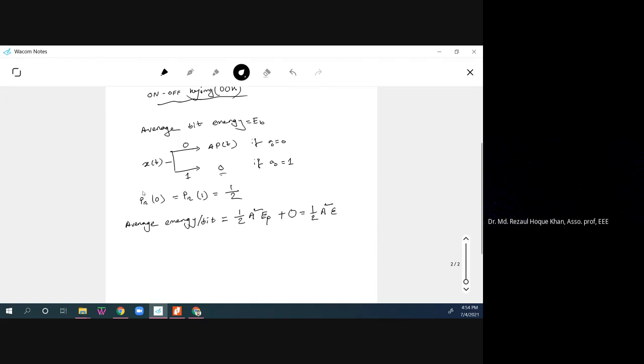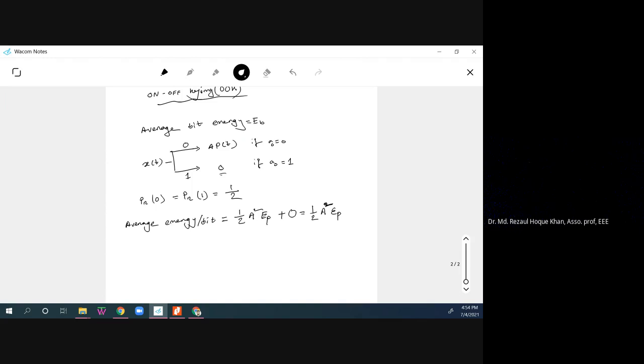Here it differs compared to the previous case. I mean BPSK, it was half a square EP plus half a square EP, it's actually a square EP. Now we get half a square EP. So average energy per bit, in the previous case, BPSK, it was a square EP, and for our case it's half. So you can see the half of the energy is this, and we'll see the implication of this.